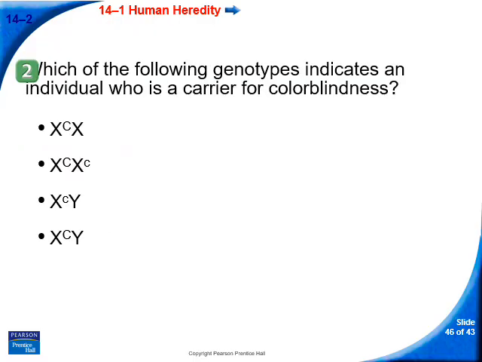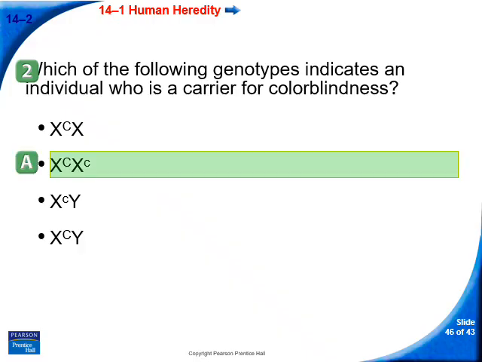Which of the following genotypes indicate an individual who is a carrier of color blindness? A carrier will be a female, so it's only between these two. This is normal. I think this is a carrier. This is a male that is colorblind, and this is a male that is normal. All right, that is a carrier.